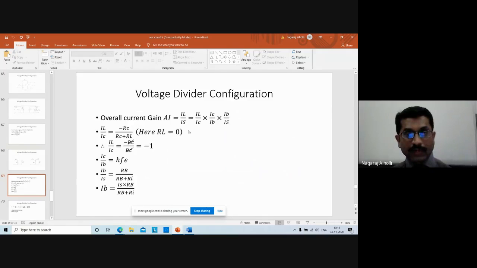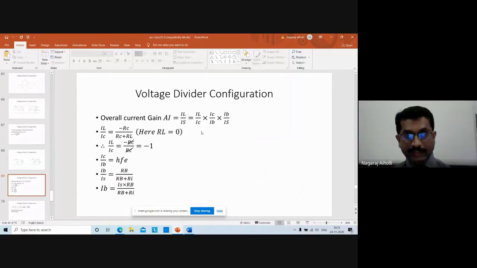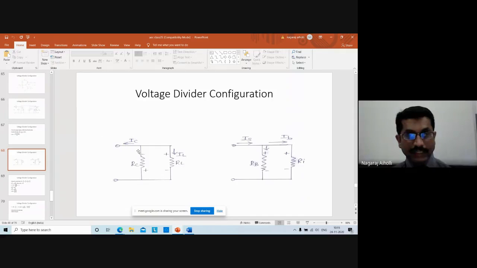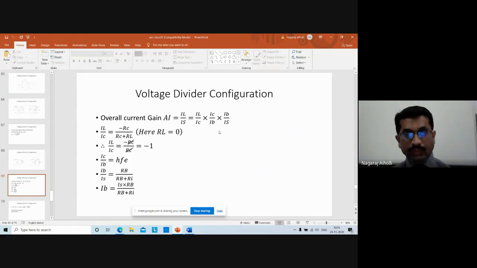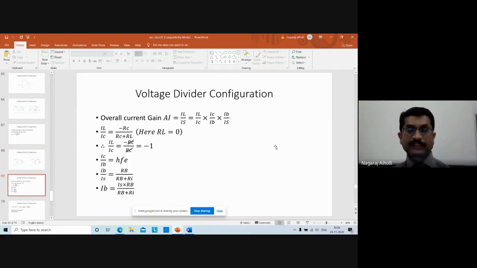Now this IL upon IS is obtained as IL by IC, where the output current is IL and the input current is IC. Then output current is IC, input current is IB: IC by IB. Then output current is IB, input current is IS: IB upon IS.